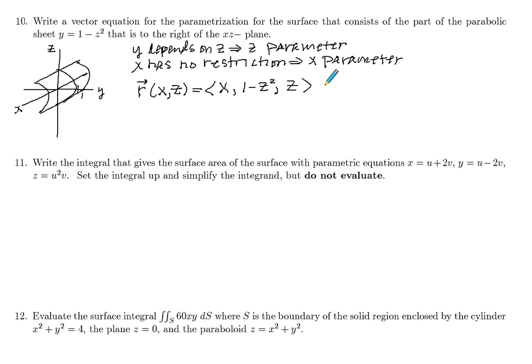Now, while there's no restriction on x, x is an element of minus infinity to infinity, we do have a restriction on z because this is just to the right of the xz plane. In other words, the y value has to be greater than 0. So we need y, which is equal to 1 minus z squared, to be greater than 0.